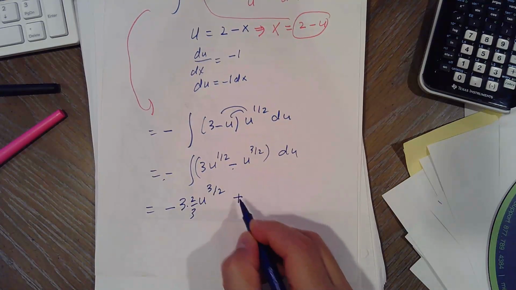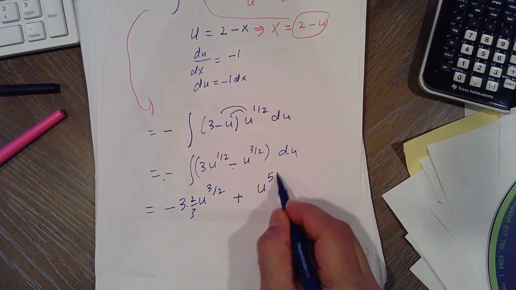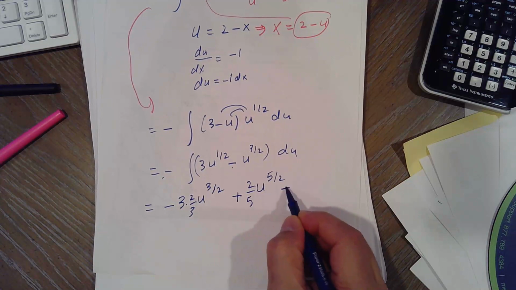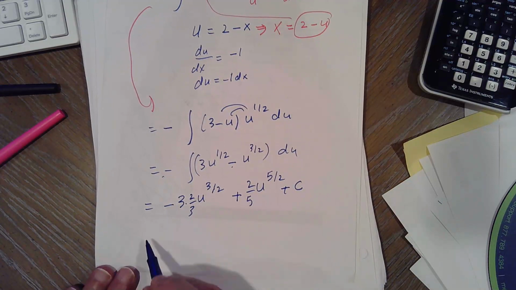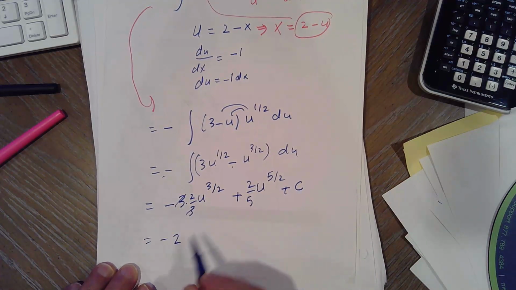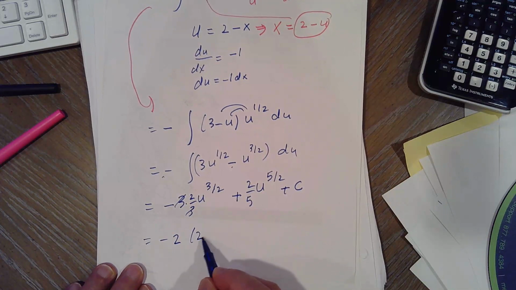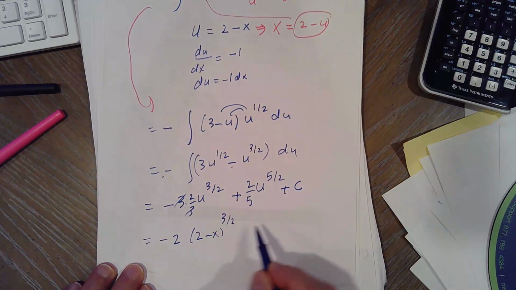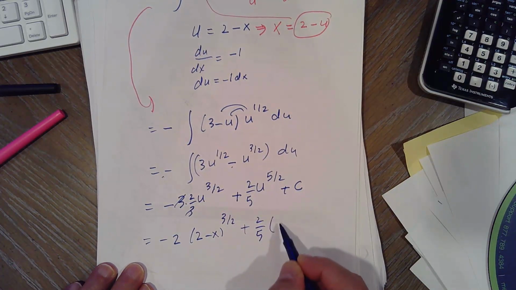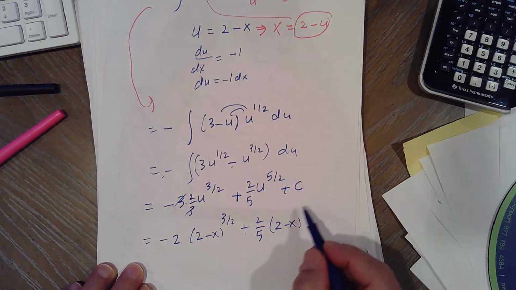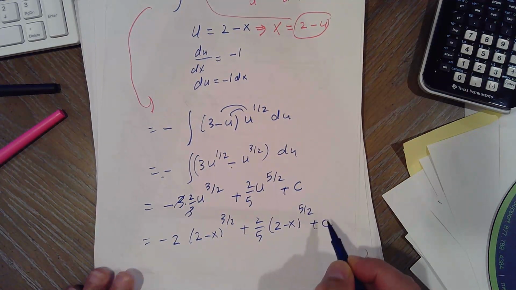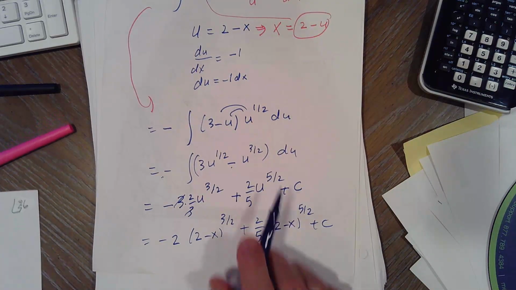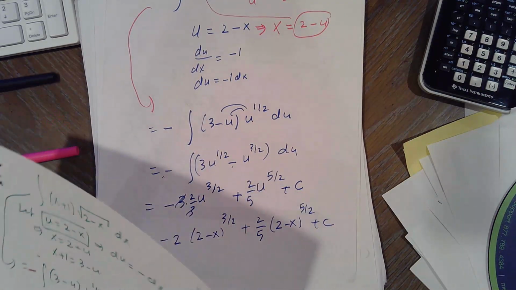Negative and negative is plus. u to the 5/2 times 2/5 plus c. So it would be negative 2u to the 3/2, which is (2 minus x) to the 3/2, plus 2/5 (2 minus x) to the 5/2 plus c. It's a little bit trickier than all the other ones.